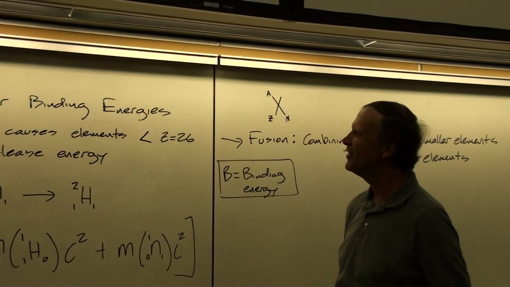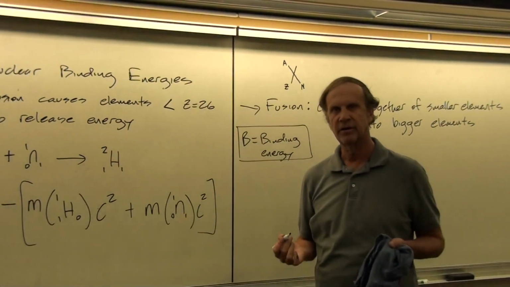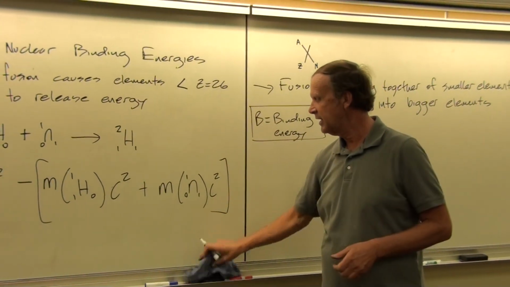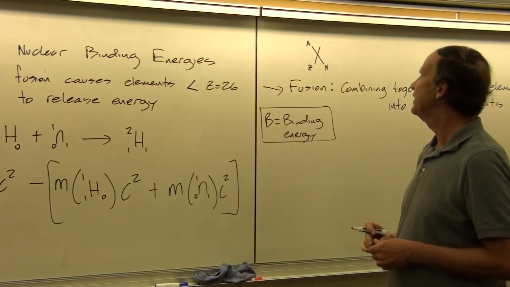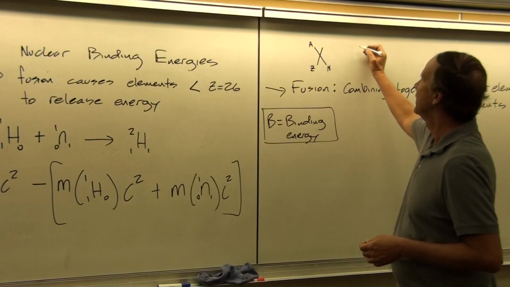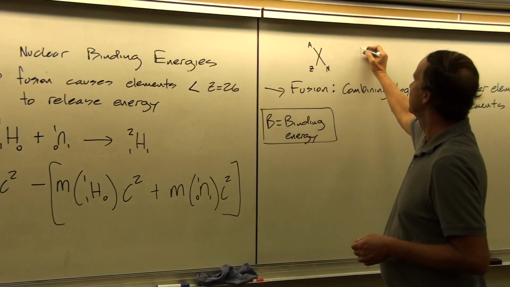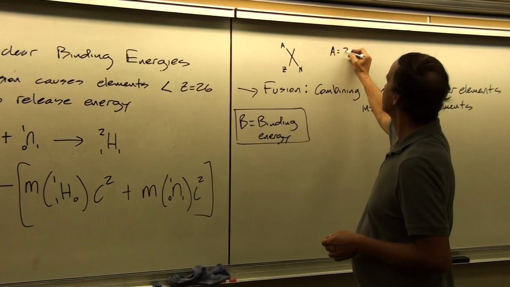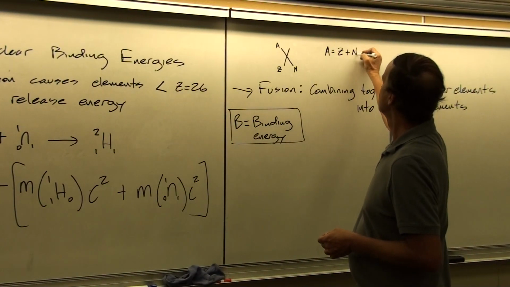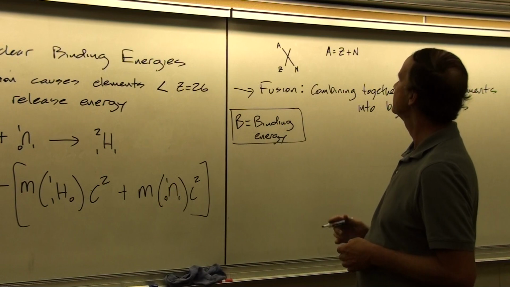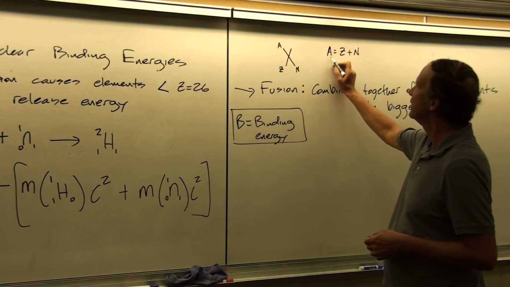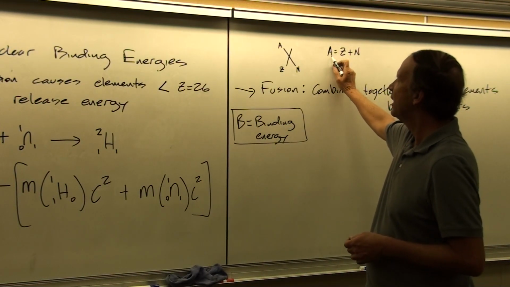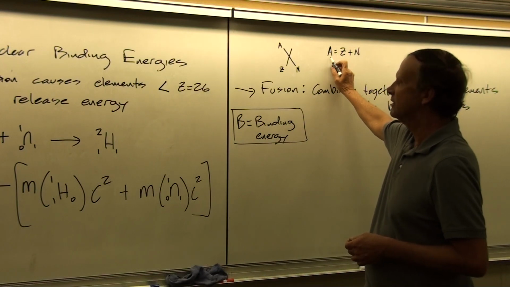Now, there are many other alternative formulations, but this is the one I'm used to. All my notes are in this, so I'm going to write it this way. So A, our atomic mass number, is equal to Z plus N. That's the number of neutrons plus the number of protons, which equals the total number of nucleons in the nucleus.